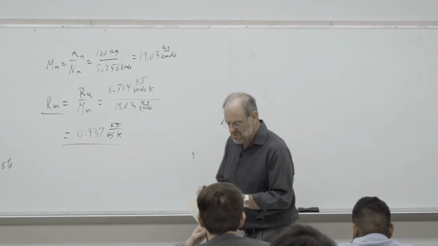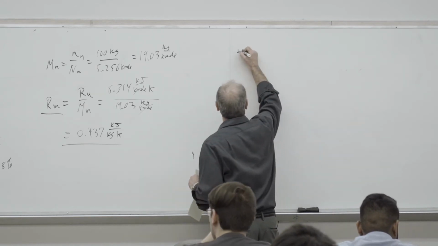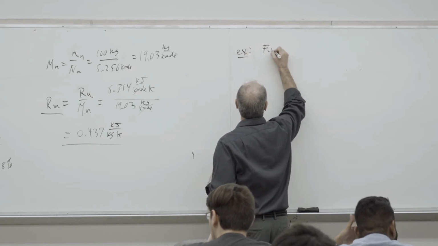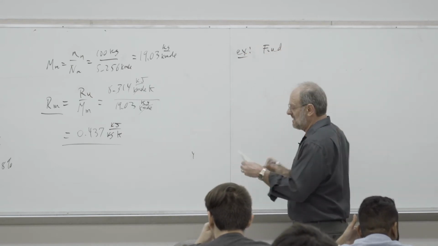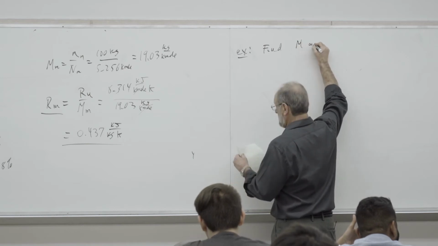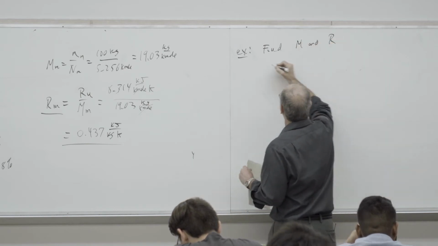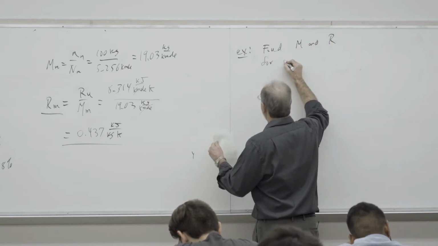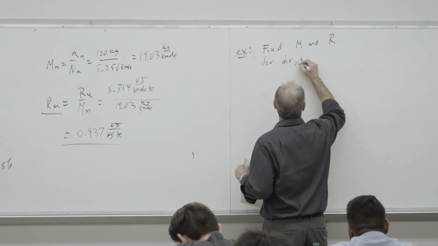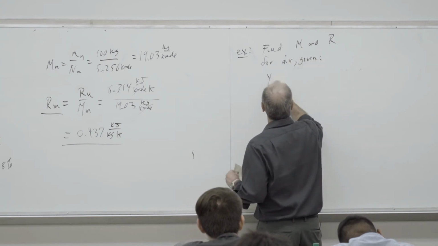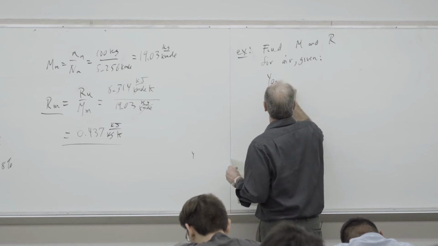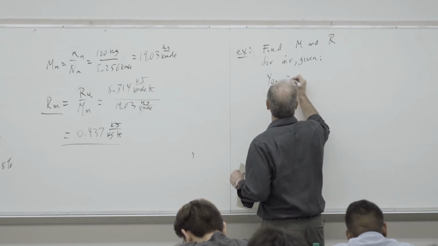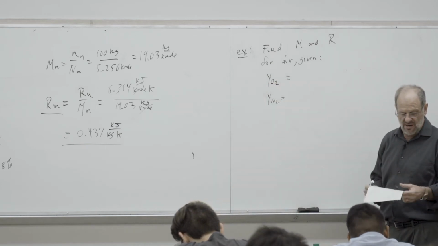So this one is not in your book. Let us find the molar mass and the gas constant for air. And let's be given the mole fractions of the two primary components in air.